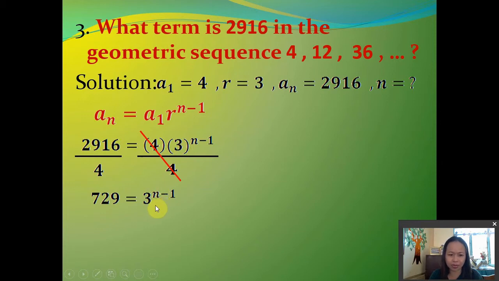Okay, next, what are we going to do? This is what will happen next. Just simply copy this part, 3 exponent n minus 1. For this part, you are going to express this particular number with a base 3. And we are going to think of a number that if you are going to make it the exponent for 3, it will give us 729. So what do you think will be our exponent here?